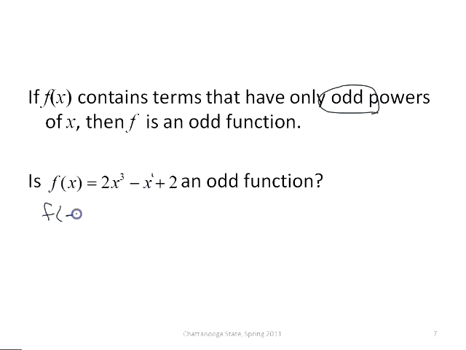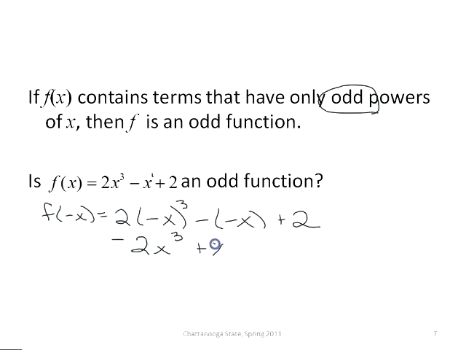But if I replace my x with a negative x, I'm going to have 2 times a negative x cubed minus a negative x plus 2. Well, my first term will be negative 2x cubed. My next term will be plus x, but the plus 2 remains a plus 2.